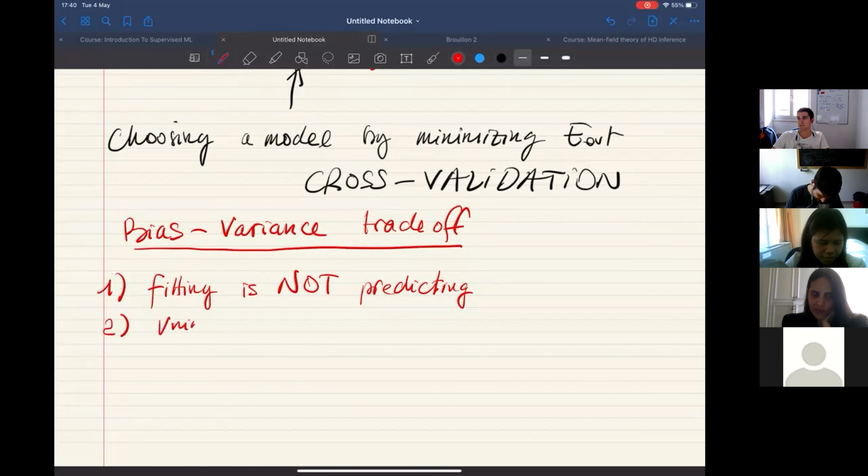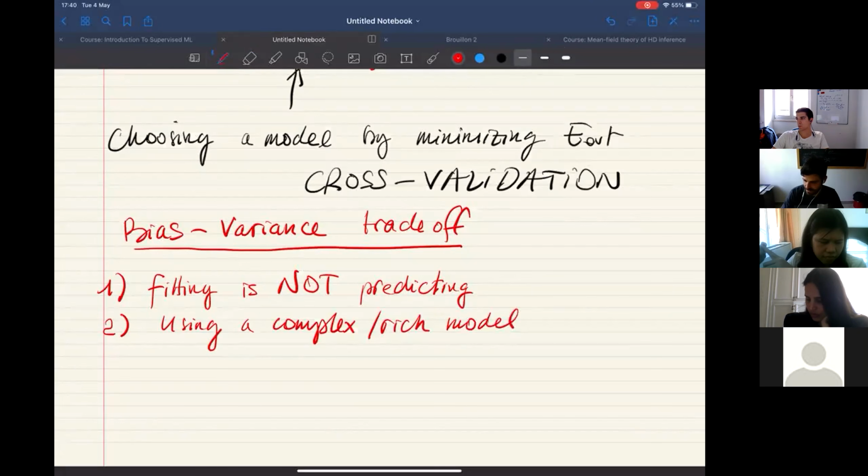Using a complex or rich model, like our 10th order polynomial, may lead to overfitting. Overfitting means what?